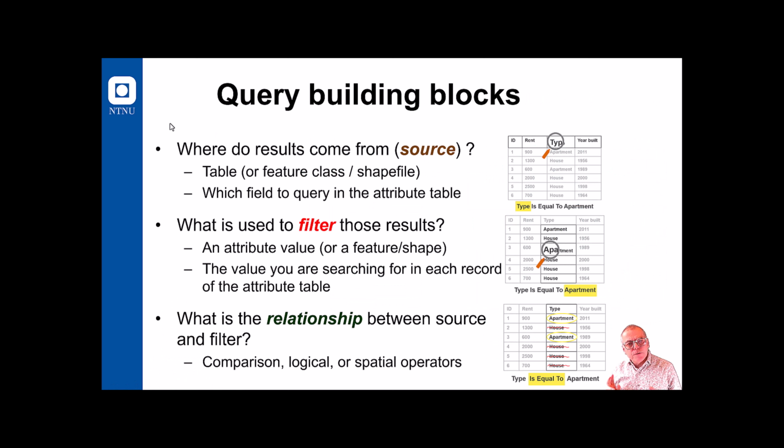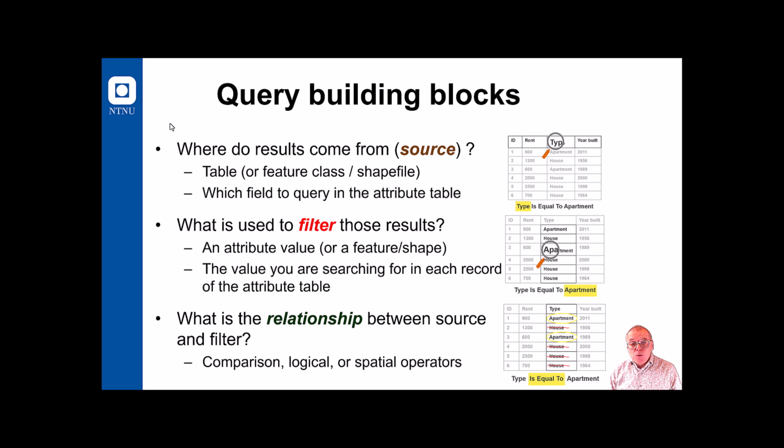Now we have three main query building blocks, which we could call the source, the filter, and the relationship between the source and the filter. First of all, we need to know where do results come from, which is the source. And then we need to have a table or a feature class, a shapefile.